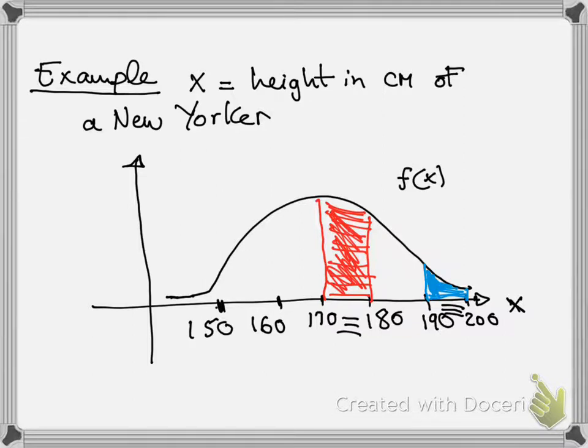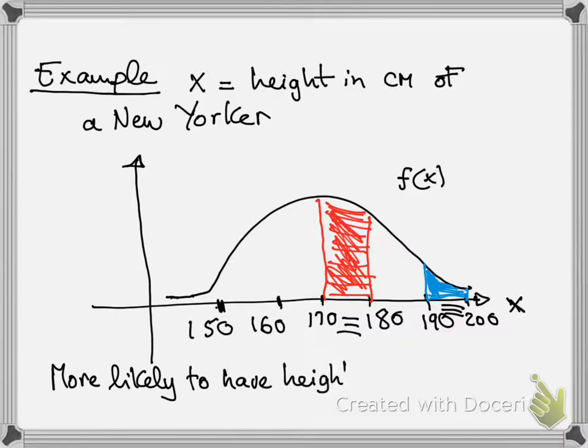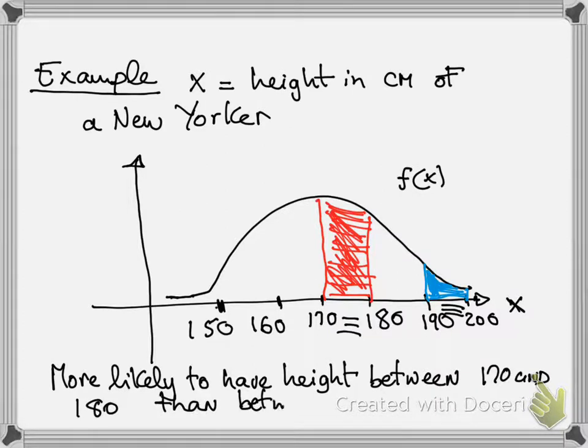So it's more likely to have the height of a New Yorker between 170 and 180 than between 190 and 200. That's because, as you can see from the graph, this area here is larger.